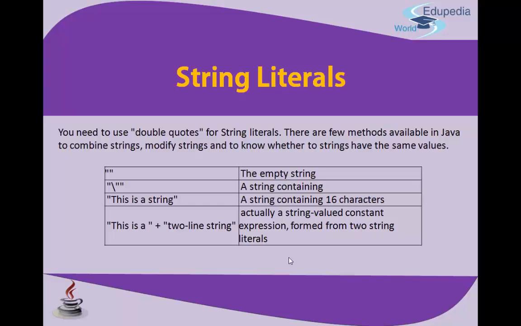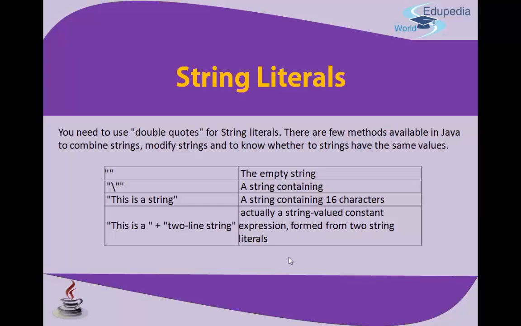Concatenate means it will merge both variables into one sentence, and when you store it in s3 and print s3, this will combine both s1 and s2. That means it will apply the plus sign. The plus sign will join both strings s1 and s2, and then it will store the result in s3. If you print the s3 variable, you will see the joined value.